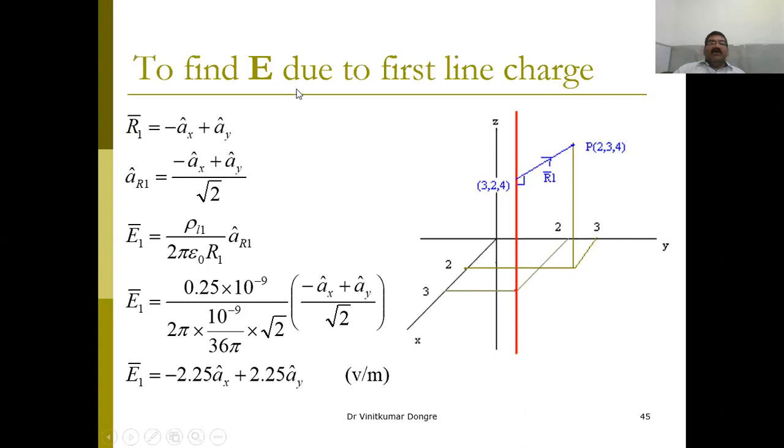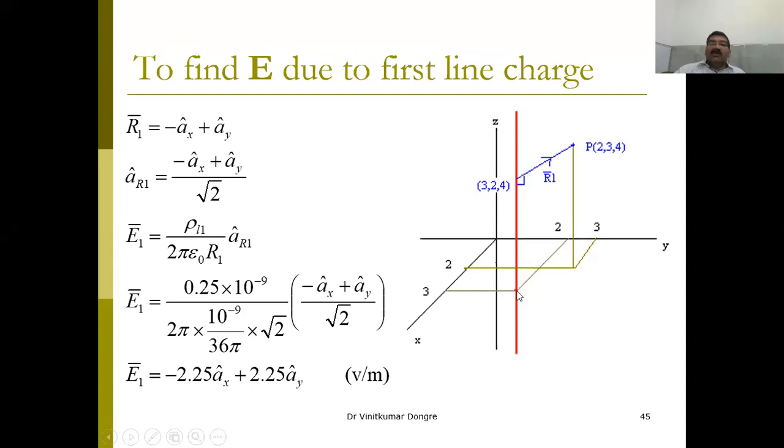Okay, to find E due to the first line charge. Now drawing the diagram is very essential, because it gives you visibility of where the point charge is, where the line charge is, and where the axes are. Now the very first line charge is passing through x equals 3 and y equals 2.